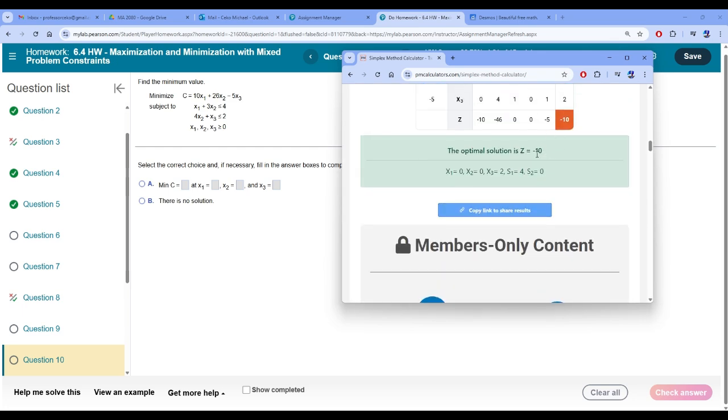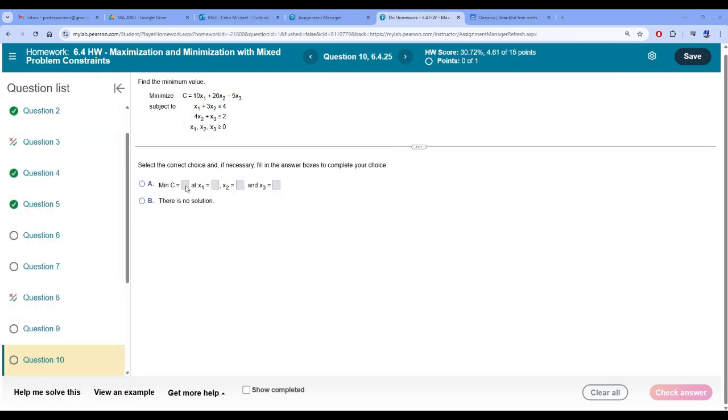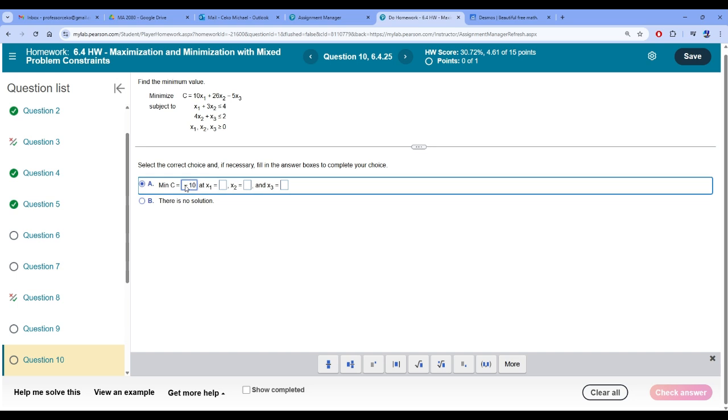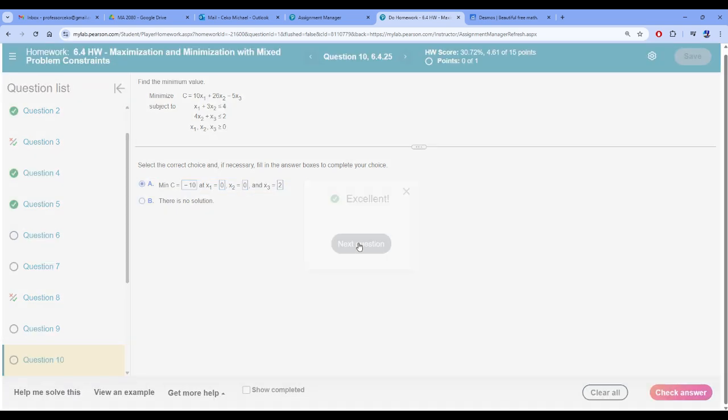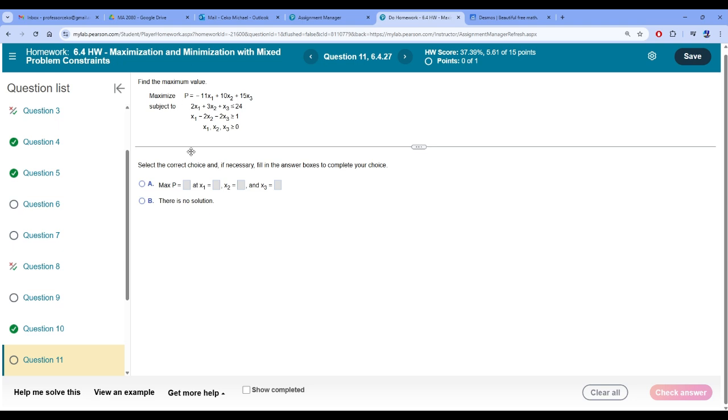So here's my solution, -10, 0, 0, 2. So let's go -10, and that's going to be 0, 0, and the last answer occurs at 2. Yep. Okay. Same exact thing.